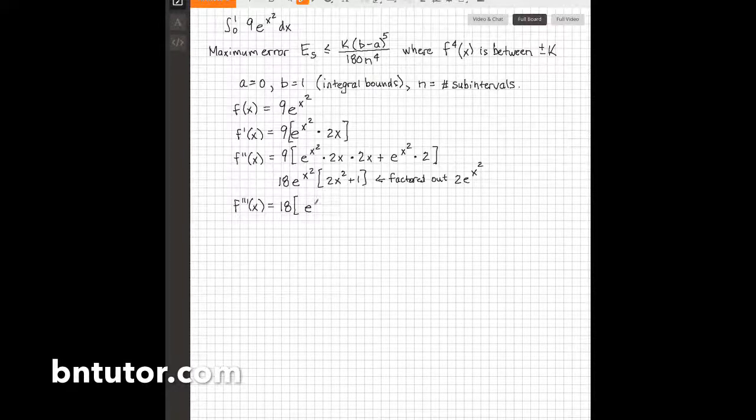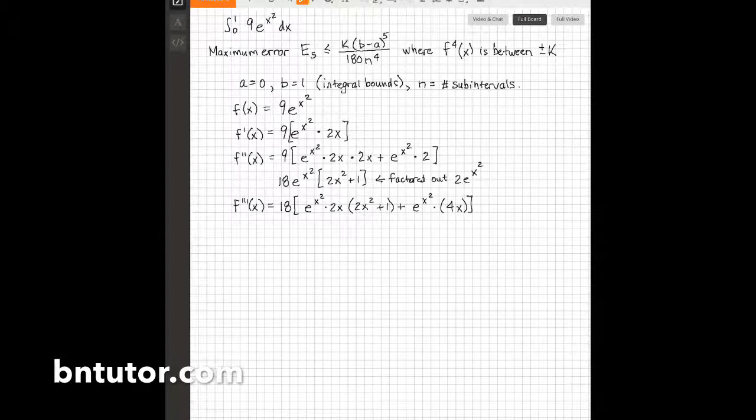Again, the derivative of the first function is e to the x squared times 2x, and we'll multiply that by the second function left alone, 2x squared plus 1, plus take the original first function, e to the x squared, and then multiply that by the derivative of the second function. The derivative of 2x squared plus 1 is just 4 times x.